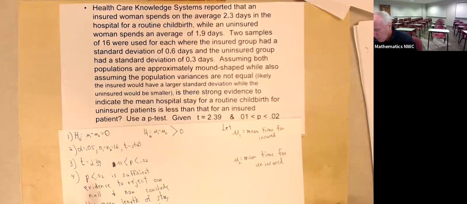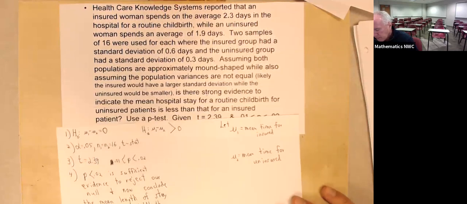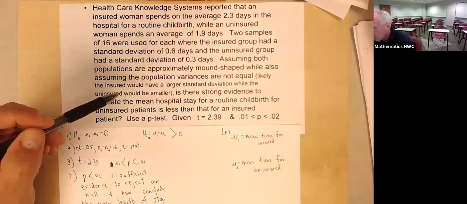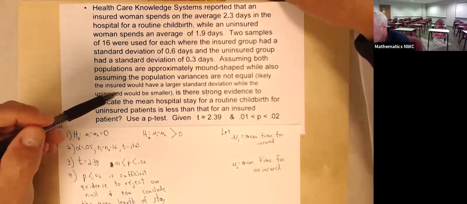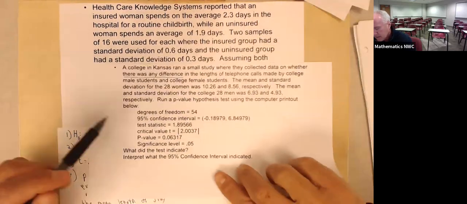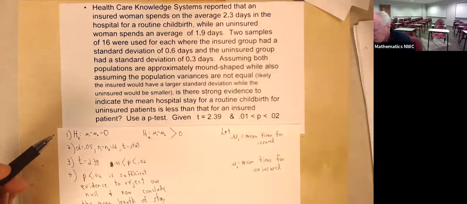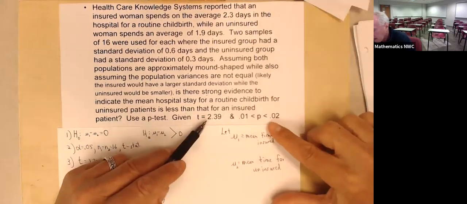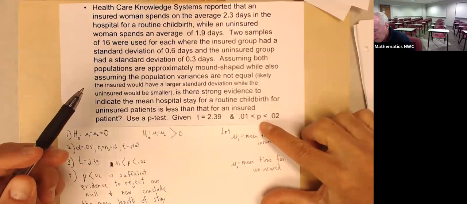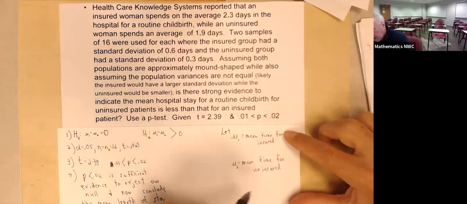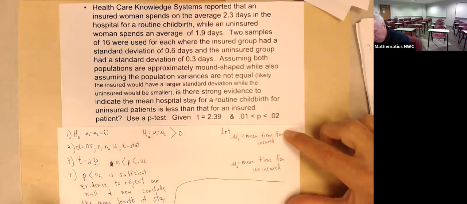They didn't ask for a confidence interval. On all of these, I want to emphasize again, I'm either going to give you a computer printout, something like this, or I'll give you the t-value and a degrees of freedom or a p-value that you can figure it out. But this is writing it all out.